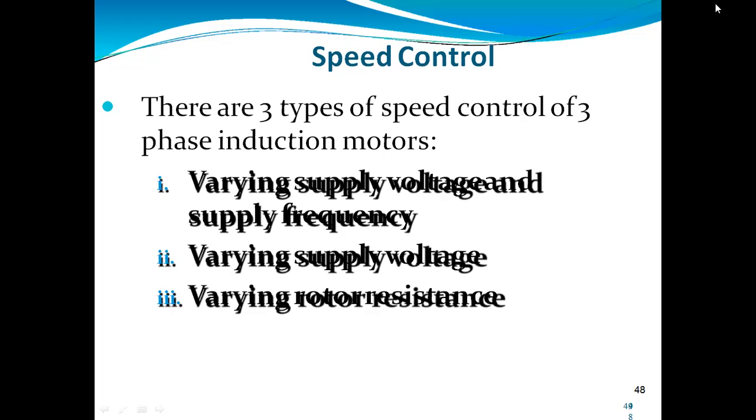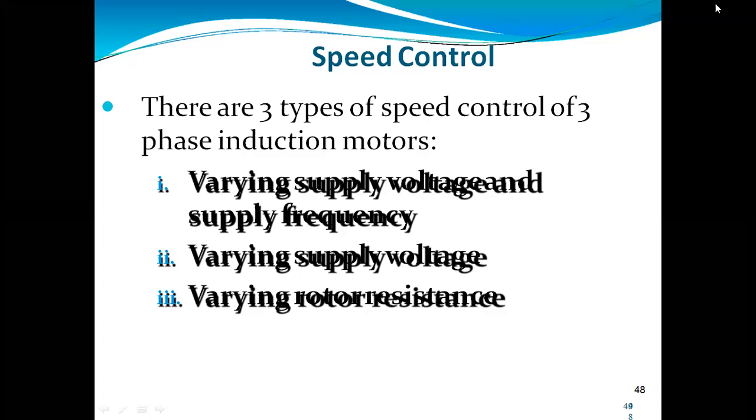There will be numericals on synchronous speed and rotational speed. If they are not mentioning any speed, you are supposed to take that speed as capital N, that is, the rotor speed. After that, there will be numericals on the torque equations.